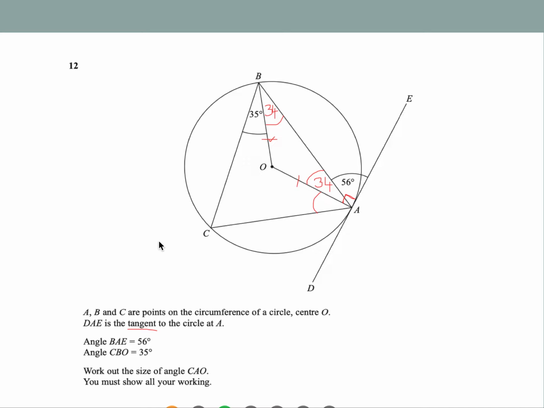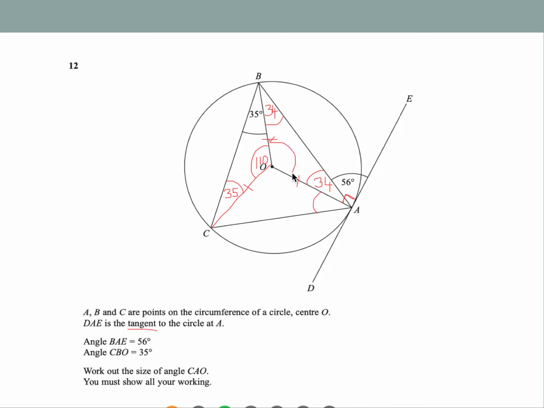Now what I'm going to want to do is actually make another isosceles triangle here. Well, we know that this angle is going to be 35, which means that this angle here, 35, 70, 110.